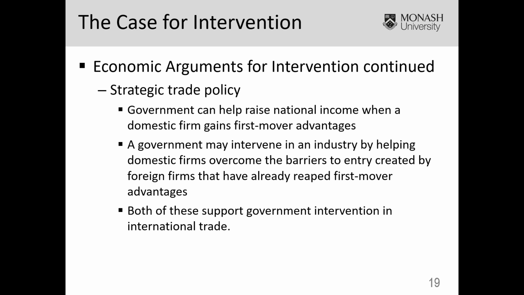If governments are trying to do it in a strategic way to gain the same type of first mover advantages that companies and countries have gained in the past just through natural economic development, they can intervene in industry by helping a domestic firm overcome barriers to entry created by foreign firms that have already reaped first mover advantage, or they can develop their own national income through first mover advantage. Both of these involve government intervention in a strategic way to support those activities.